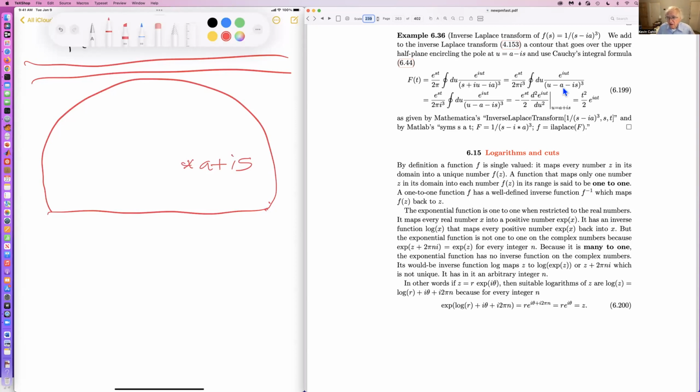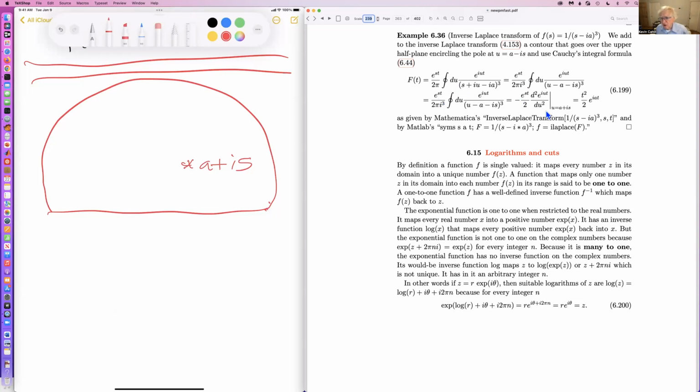But now this is, I guess we'd call it, a triple pole. Boy, that's weird, I repeated the same equation, so I'm going to have to fix that. Anyway, this, of course, i cubed is just minus i.